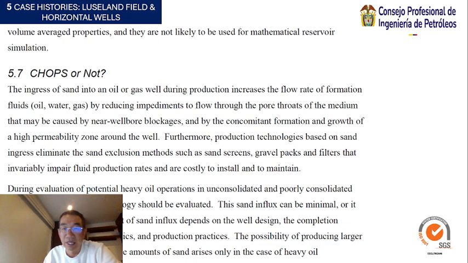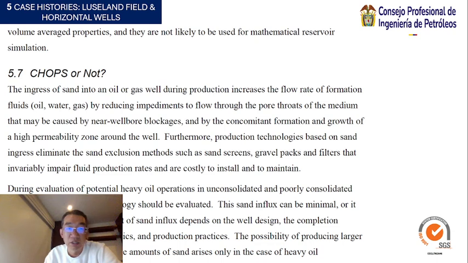Furthermore, production technologies based on sand ingress eliminate the sand exclusion methods, such as sand screens, gravel packers, and filters that invariably impair fluid production rates and are costly to install and maintain.